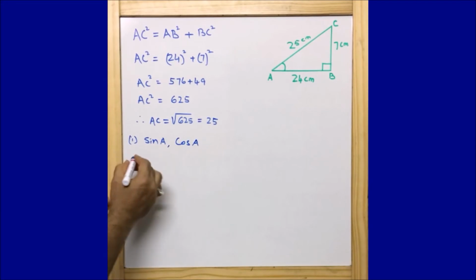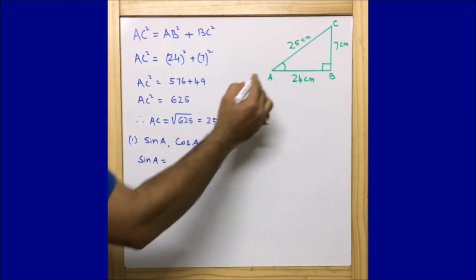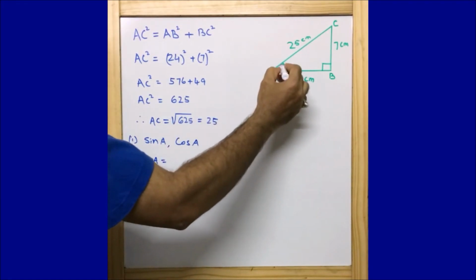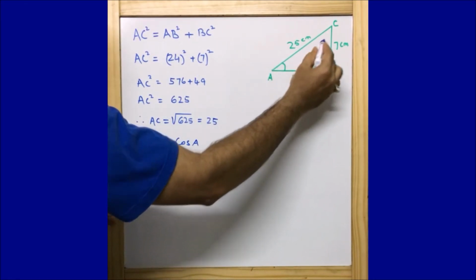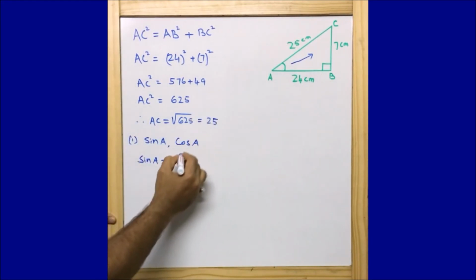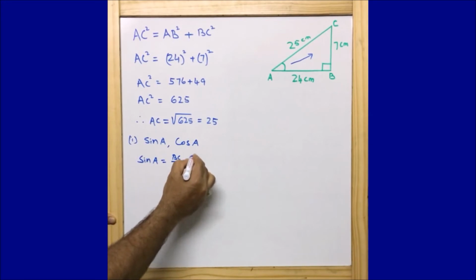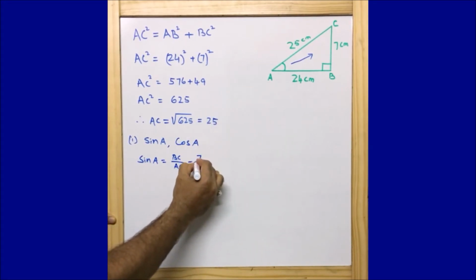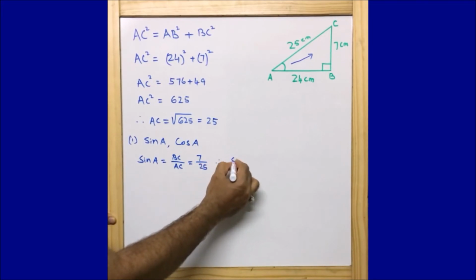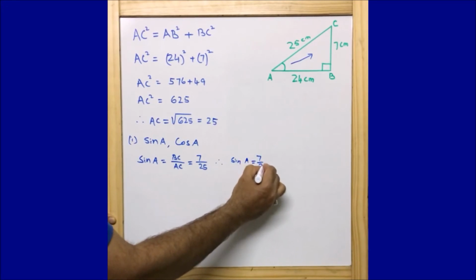We very well know that sin A is equal to the side opposite to angle A, so that is BC upon hypotenuse. Hypotenuse here is AC. So BC is 7 centimeter and hypotenuse is 25 centimeter. Therefore we got sin A is equal to 7 by 25.